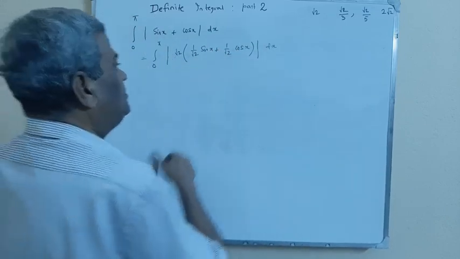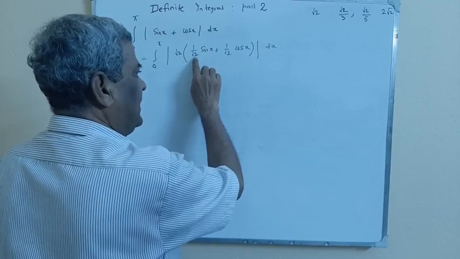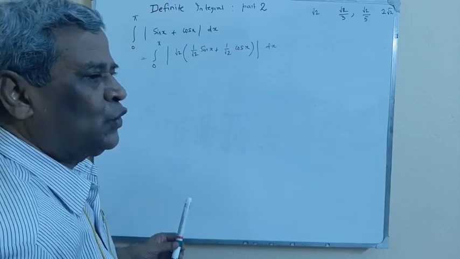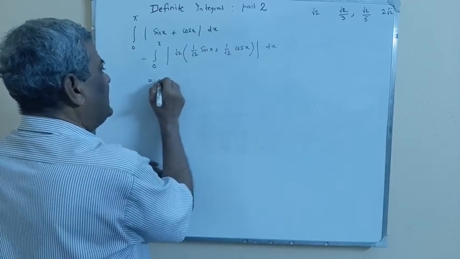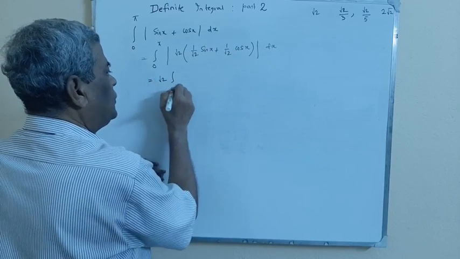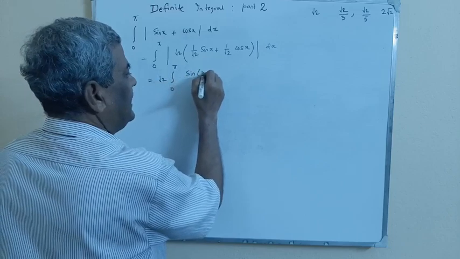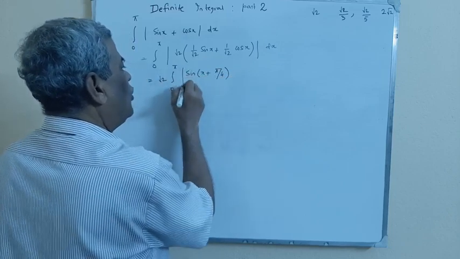It is of the type sin x sin 45 degree plus cos x cos 45 degree. So it is a formula, and that formula is the integral from 0 to pi of mod of sine of x plus pi by 4.